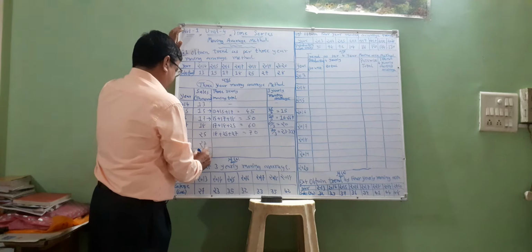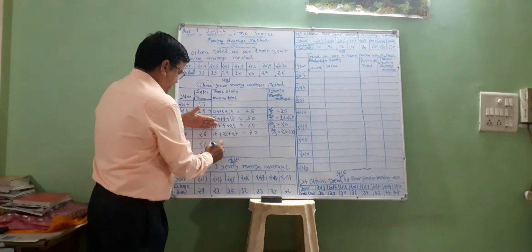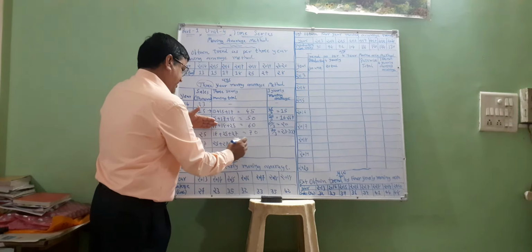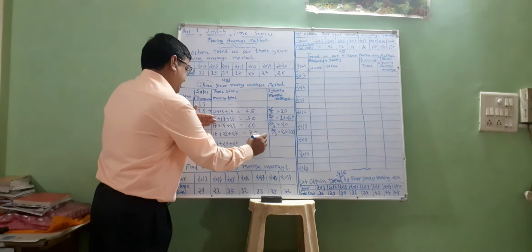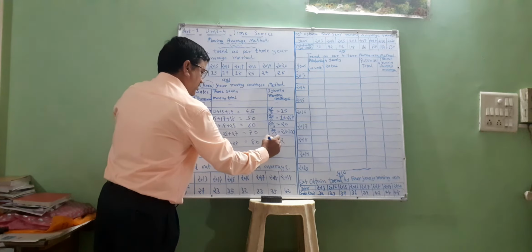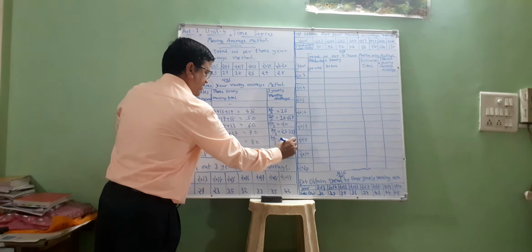Now last 28. Do sum of last 3 items: 25 plus 27 plus 28, 80, and 80 by 3, 26.667.